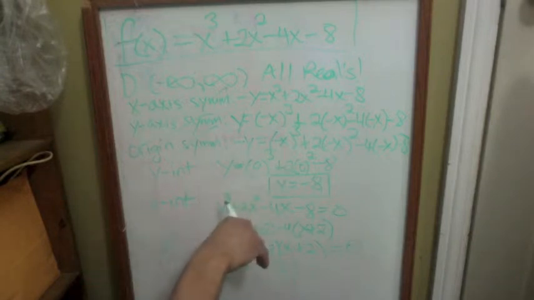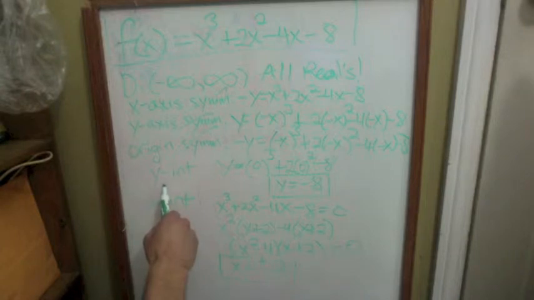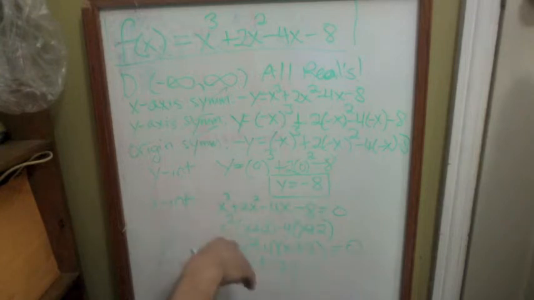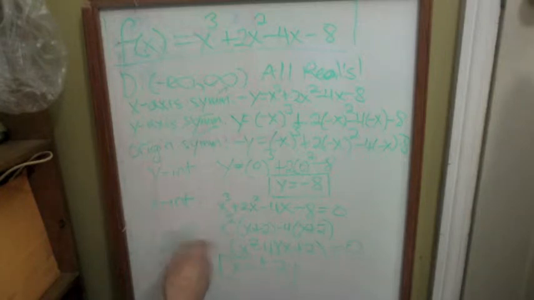So what we want to do now is find the intercepts. Here I'm starting with the y-intercept. I plug in 0 for x, and what results is y equals negative 8. So at (0, -8), we have a y-intercept. Now I want to find any x-intercepts.